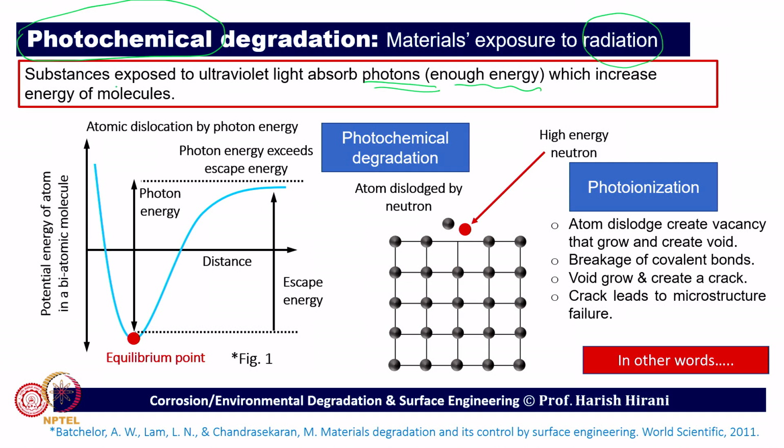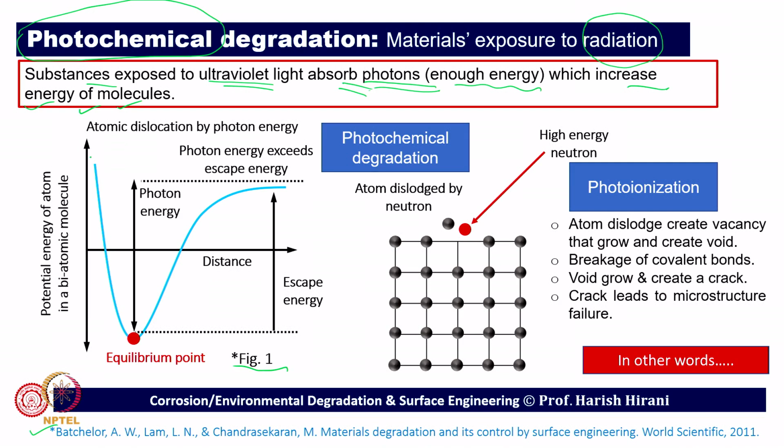So, we say a substance exposed to UV or maybe other radiation will absorb photons, which increases the energy of the molecules. Once the energy of a molecule increases, what happens to it? We know about stability, and this curve has been picked up from a reference which has also been mentioned here.